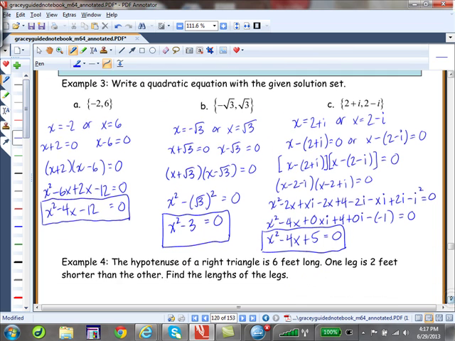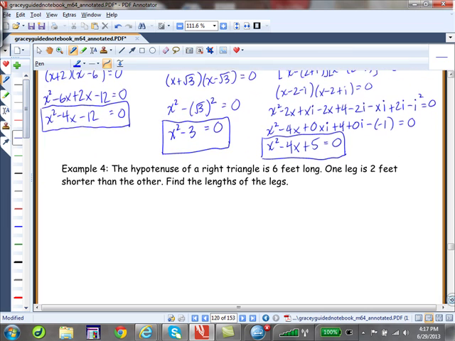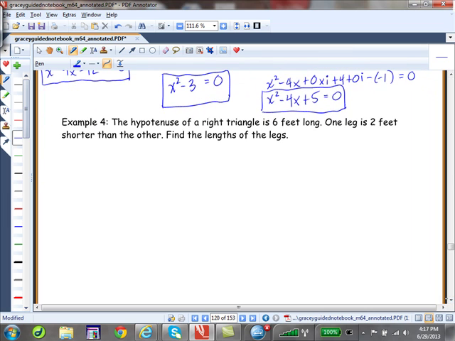Okay, so now for an application. The hypotenuse of a right triangle is 6 feet long. One leg is 2 feet shorter than the other. Find the lengths of the legs. So we have a right triangle. And what do we know?